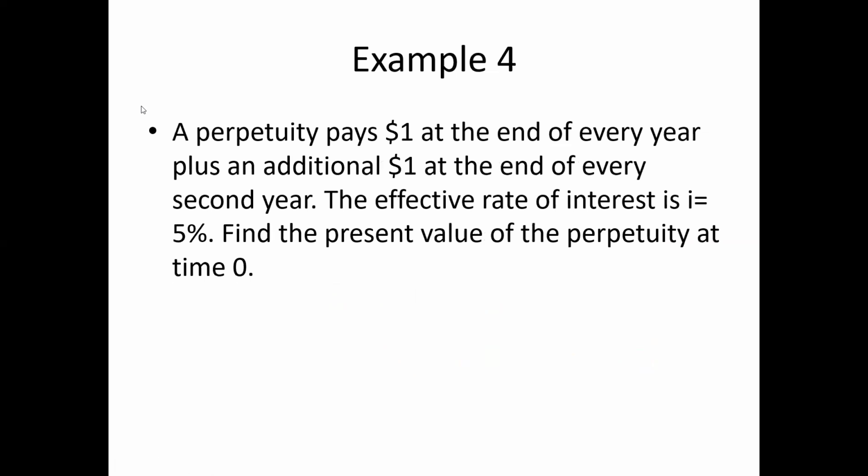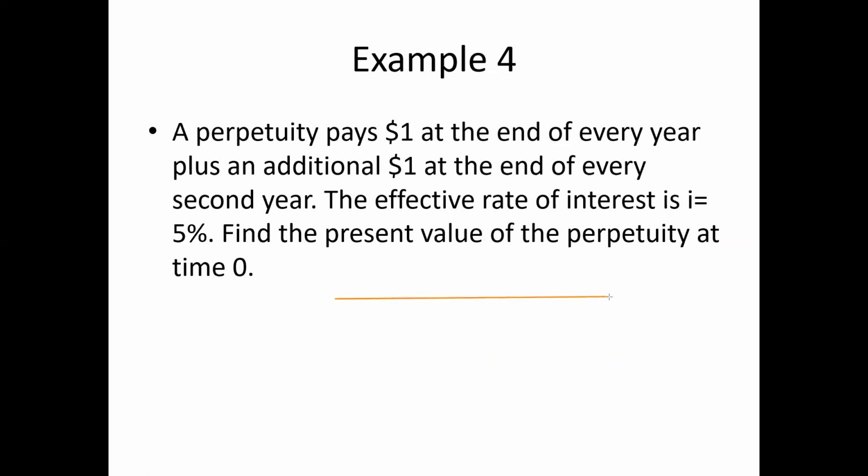Next one. A perpetuity pays $1 at the end of every year plus an additional $1 at the end of every second year. The effective rate of interest is i equals 0.05. Find the present value of the perpetuity at time 0.